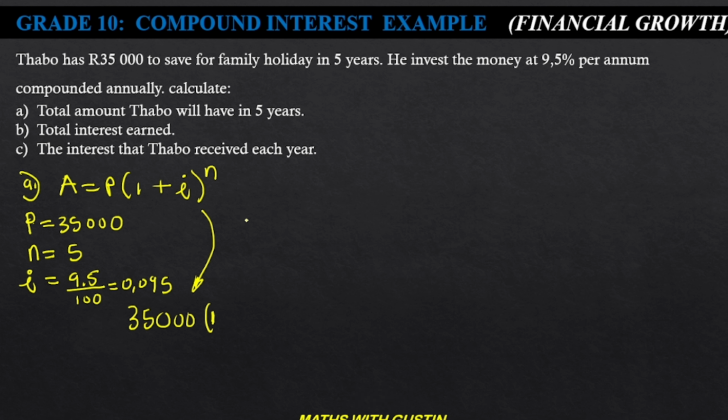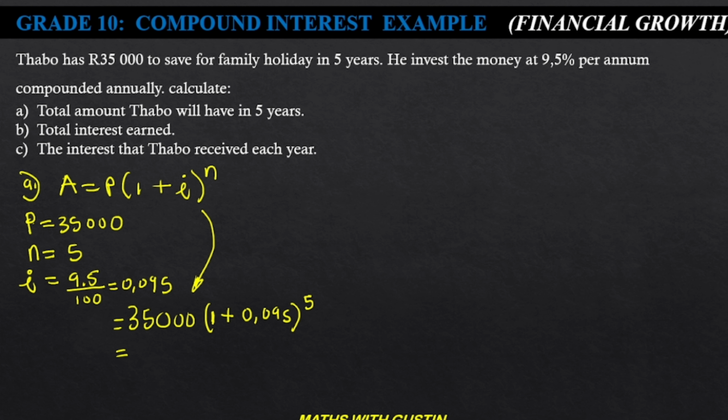It's going to be plus the interest rate of 0.095 compounded for 5 years. Let's put this in our calculator just to make sure of what you get. I'm going to give you guys 5 seconds to also put this in your calculator, then we can compare if we get the same answer.